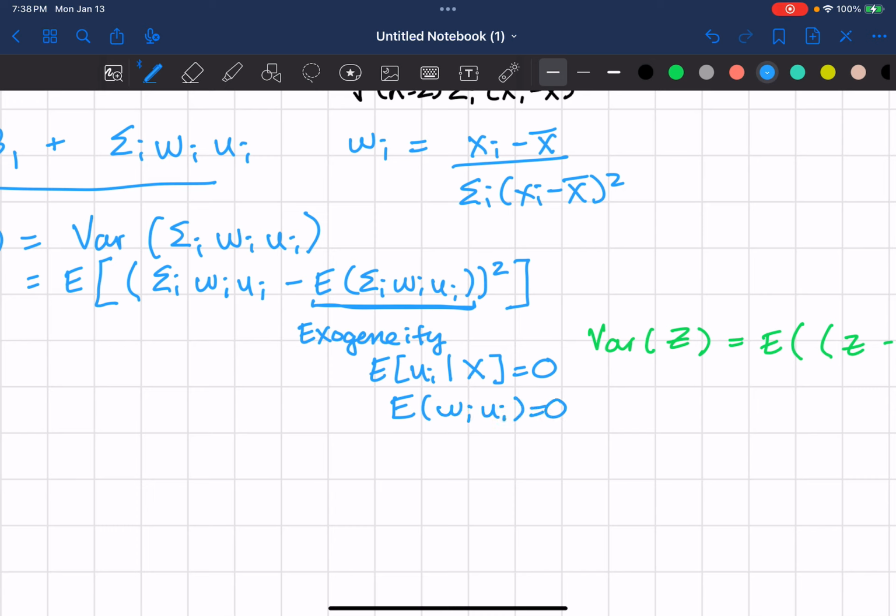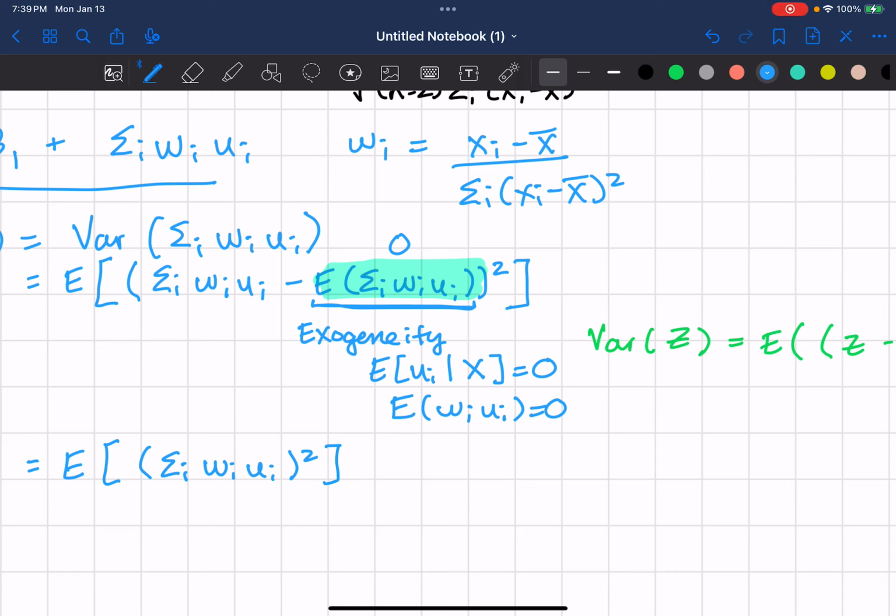So we can use that again right here to argue that the expectation of wi ui is 0 and that the sum of the expectations of all the wi ui's is 0. So that part will go to 0. What are we left with? Expectation of sum over i of wi ui, squared.